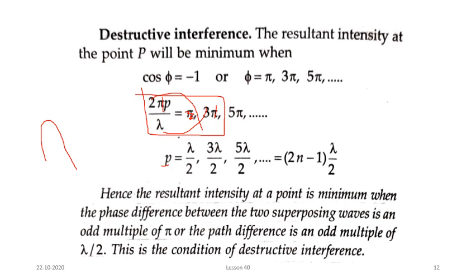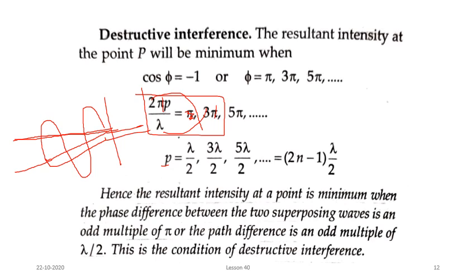Lambda by 2, lambda by 2, lambda by 2. If the light coming out of the slit S2 is covering this much extra distance as compared to the light coming out of the slit S1, then in that case also we will obtain a dark fringe on the screen.